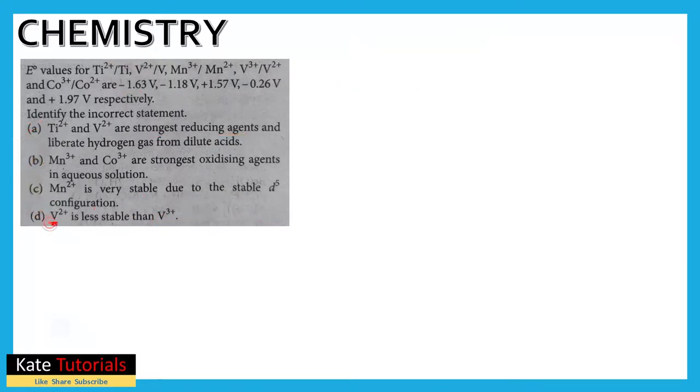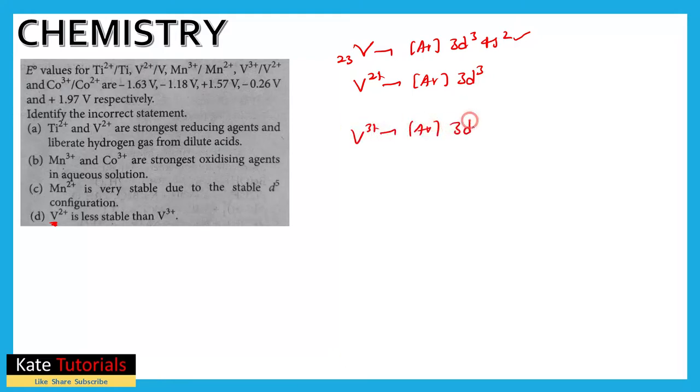Let us write the configuration of vanadium, atomic number 23: argon 3d3 4s2. Vanadium 2+ means I have to remove 2 electrons from 4s, so it is argon 3d3 with 4s0. Vanadium 3+ means again I have to remove 1 electron, giving argon 3d2.